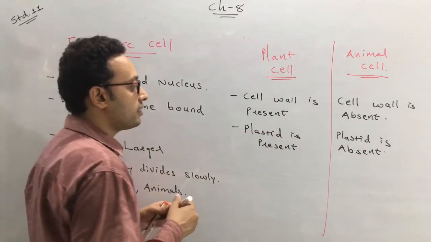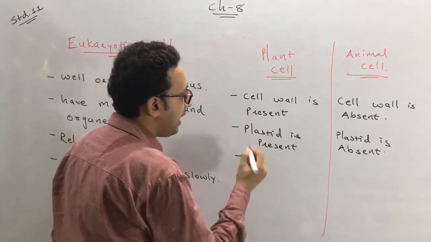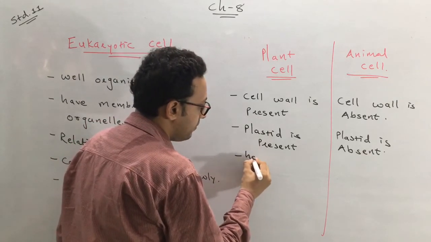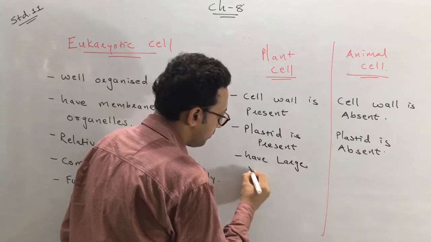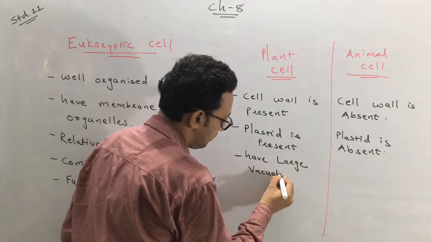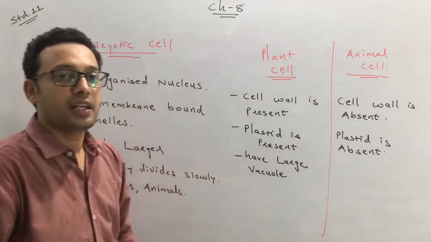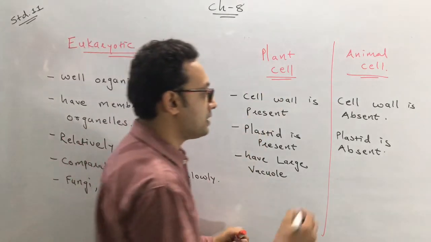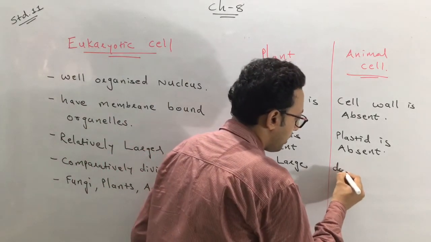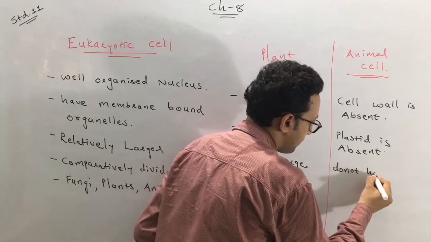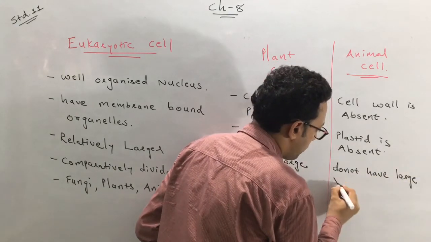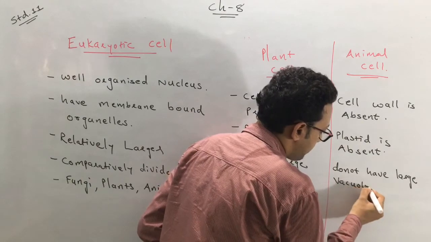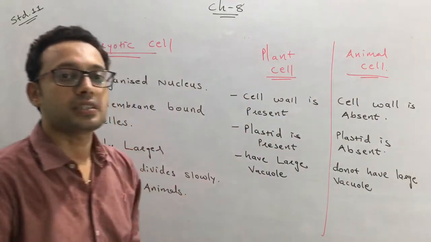The third difference: the plant cell has a large vacuole, but the animal cell doesn't have a large vacuole. Large vacuole is absent in animal cell.